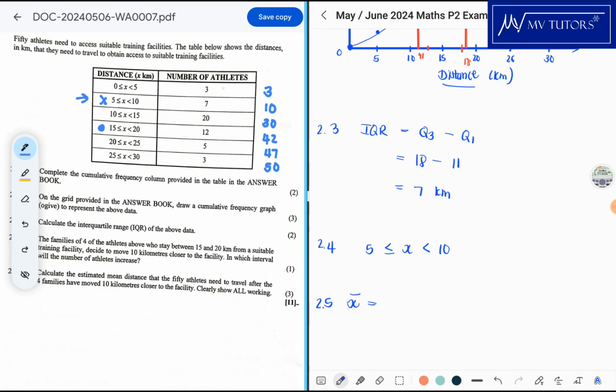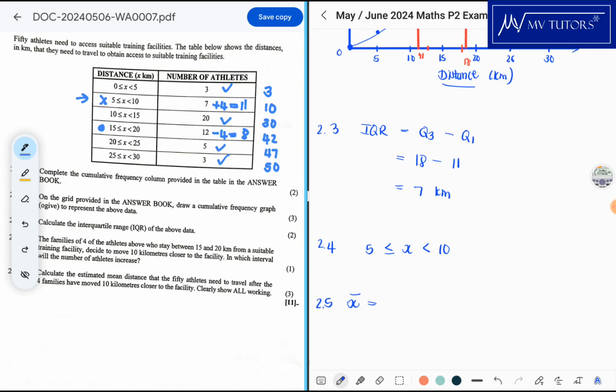So here we had 3, but now there's 4 extra, so we're going to have 11 over here. Then we lost 4, so now we have 8. And this is not affected, so we're going to use it as it is.